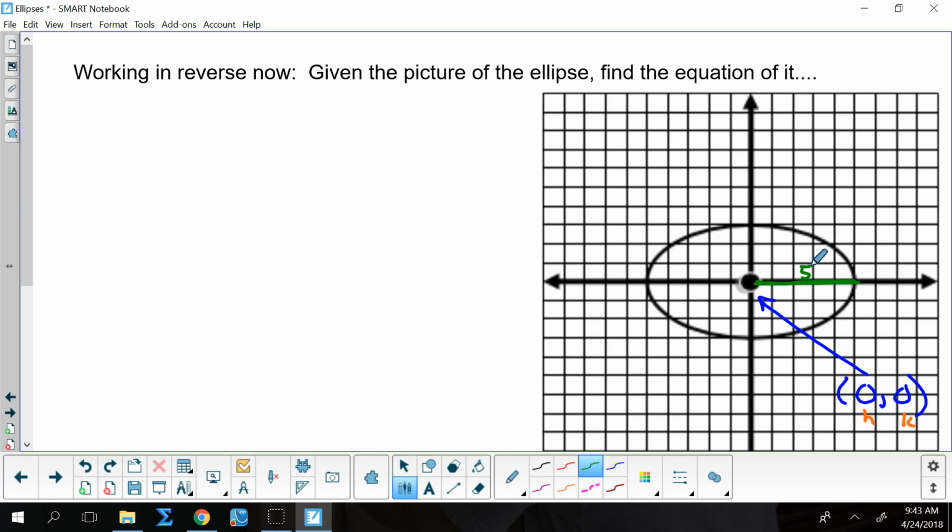That's important because that is a. Then I look at how many I went vertically, and in this case I went 3 vertically. That's important because that's b.